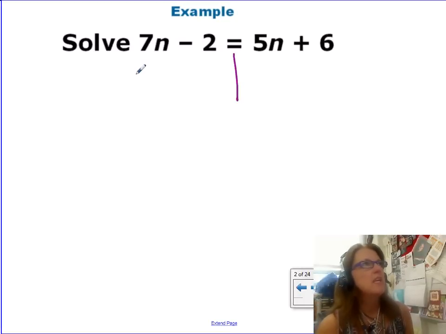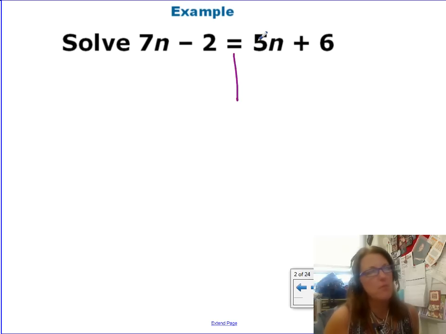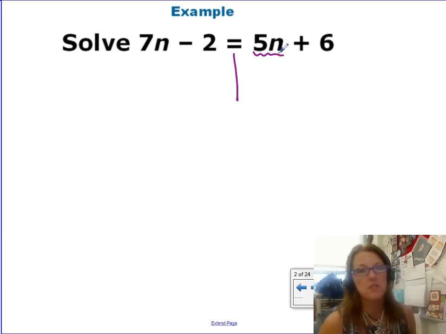Here we go. So what I tend to do is look at these two, and because I don't like negative numbers, I'm going to usually find the smaller one. I've got 7n and 5n, and I'm going to pick on the 5n, and that's the one I'm going to blast away. So the way to make this disappear is I have to lob some ammunition at it to wipe it out.